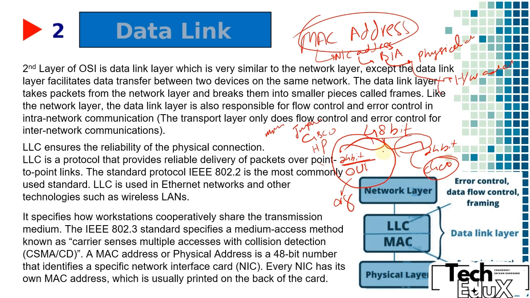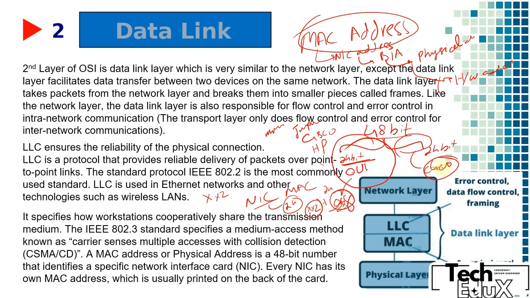For example, if you are going to manufacture a NIC card that comes with a MAC address, and your organization name is XYZ, the first 24 bits denote your organization unique identifier, plus 24 bits you are going to randomly assign for your NIC card.